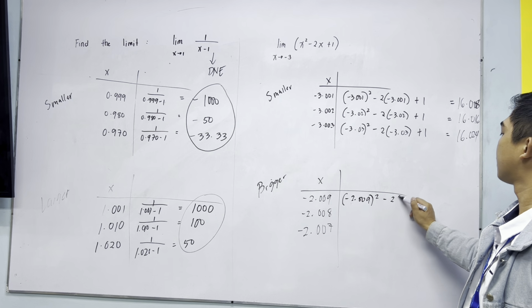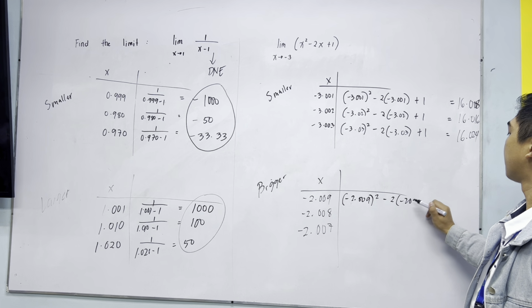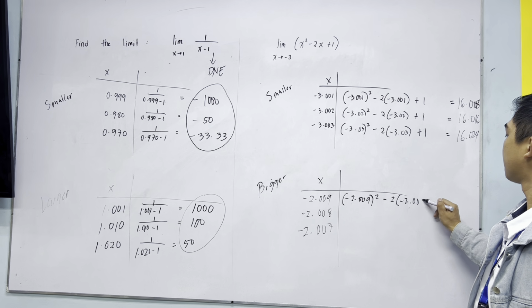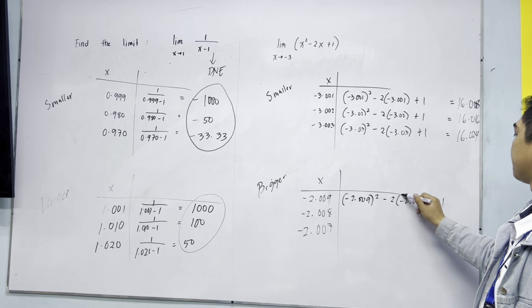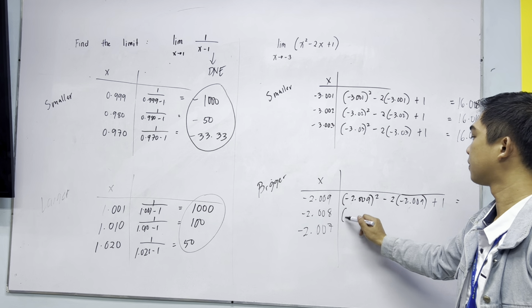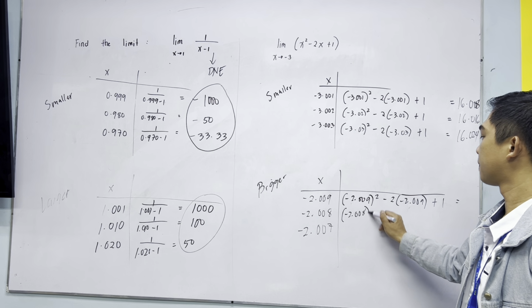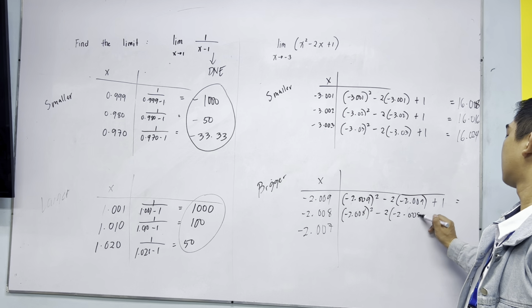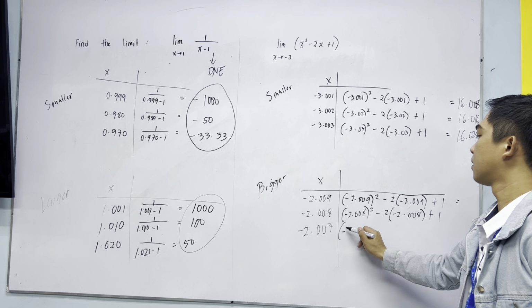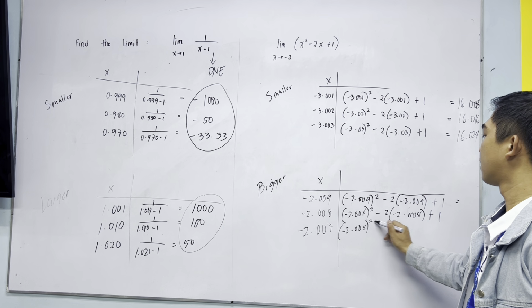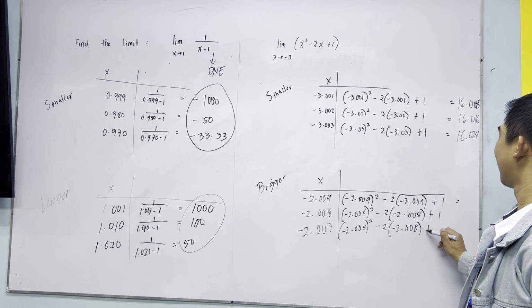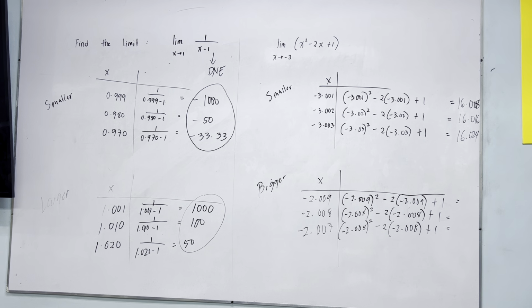Kasi point lang. Yan, bigger. Meron na dito? 0.009?